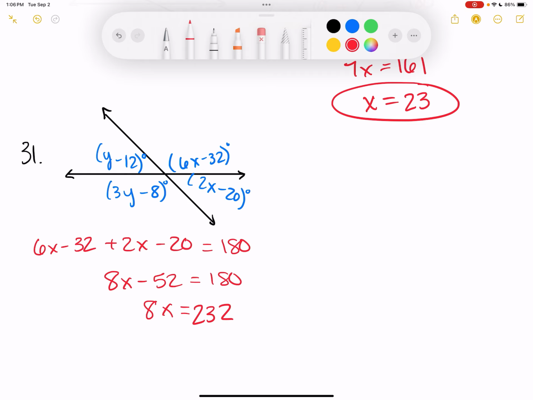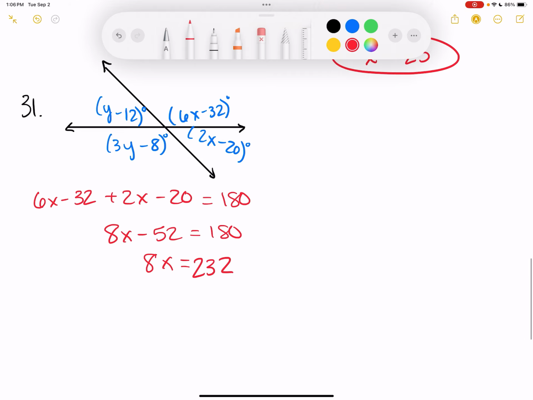All right. 232 divided by 8. 32 divided by 8 is 4. You're doing it backwards. 8 goes into 23 two times, that's 16.